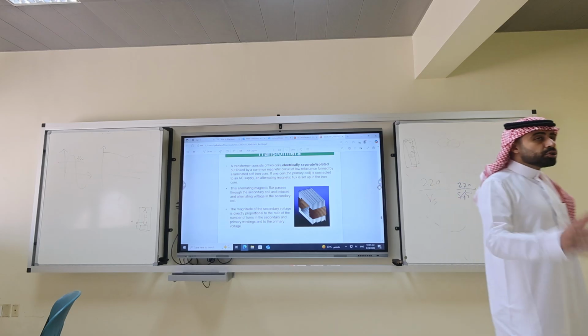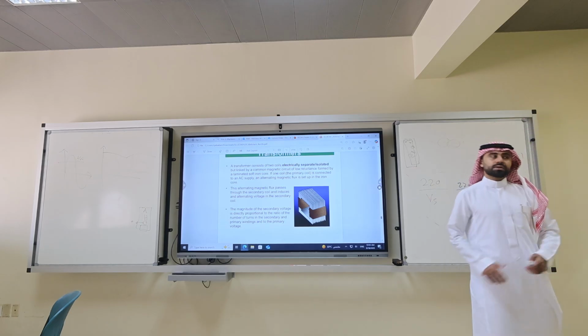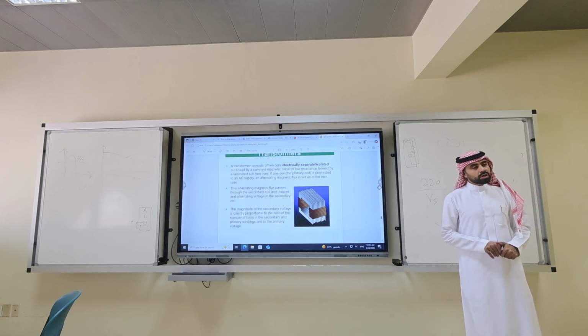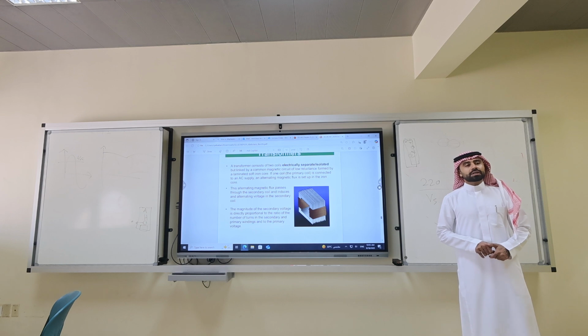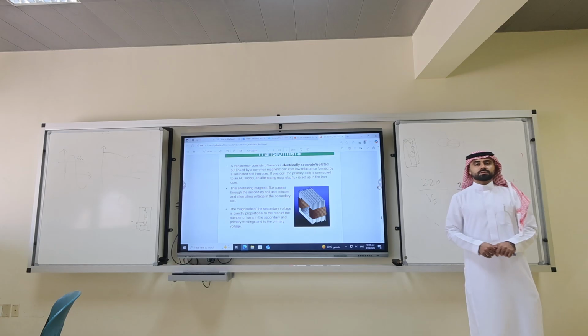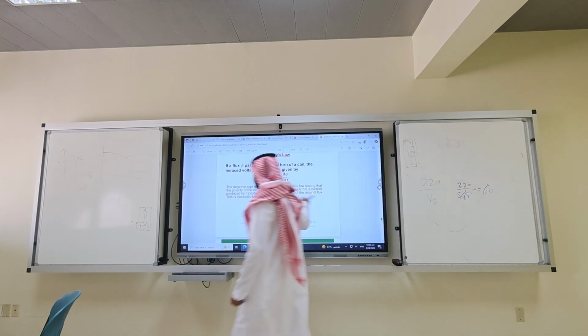So don't put DC on transformers. If they ask you in an interview, assume you connect a battery to a transformer. What is the V secondary? You say, okay, it's a 10 ratio and you put 5 volts. You will not get the job.